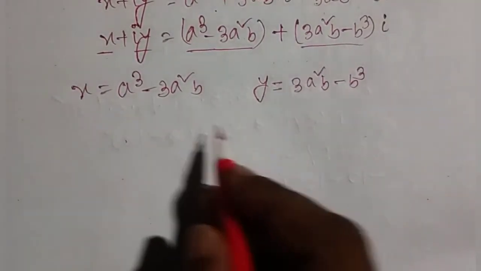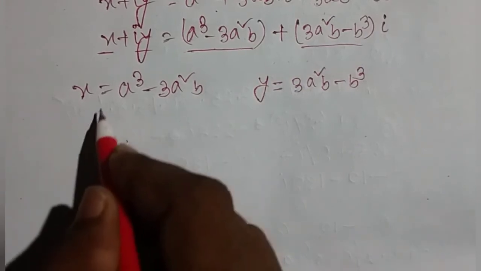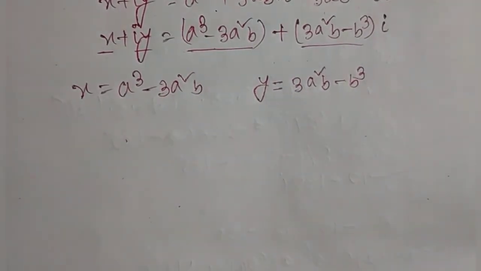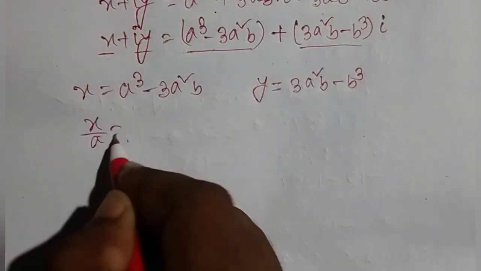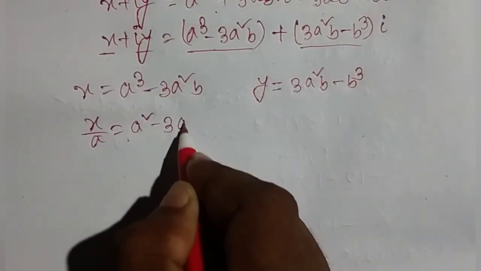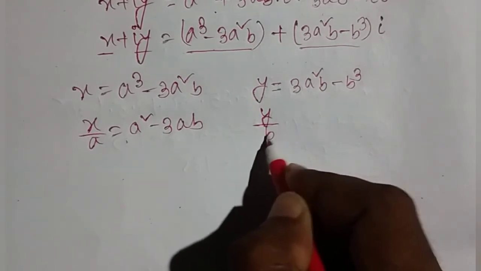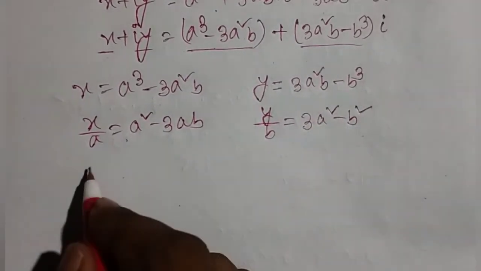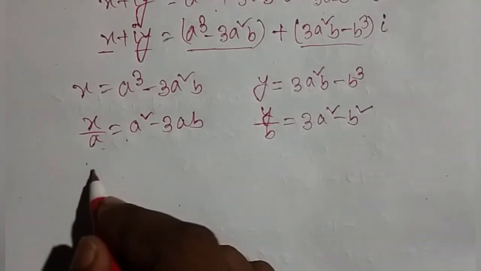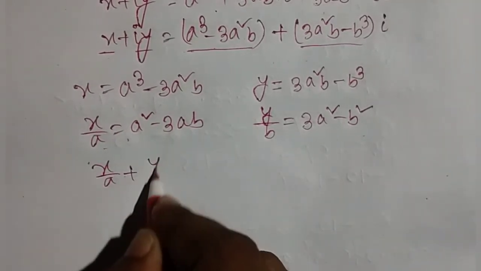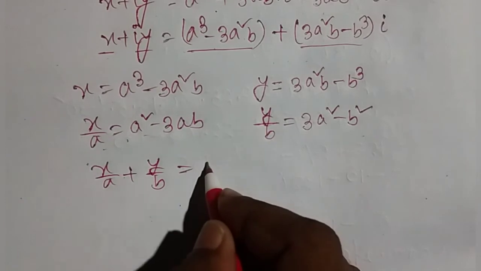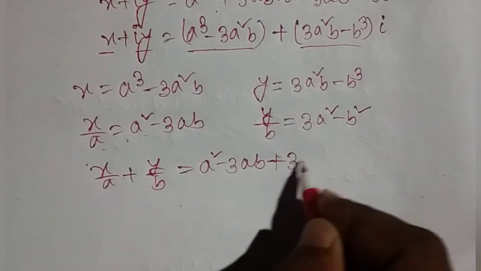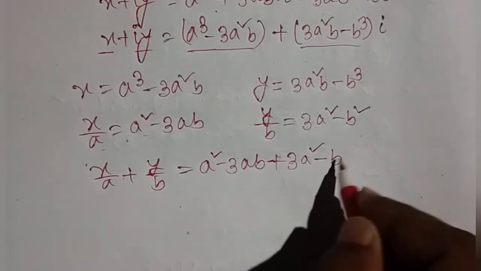So we have to find now x by a. From here we can take a as common. So x by a is equal to a square minus 3b square and y by b is equal to 3a square minus b square. Now add them. So x by a plus y by b, and right hand side, a square minus 3b square plus 3a square minus b square.